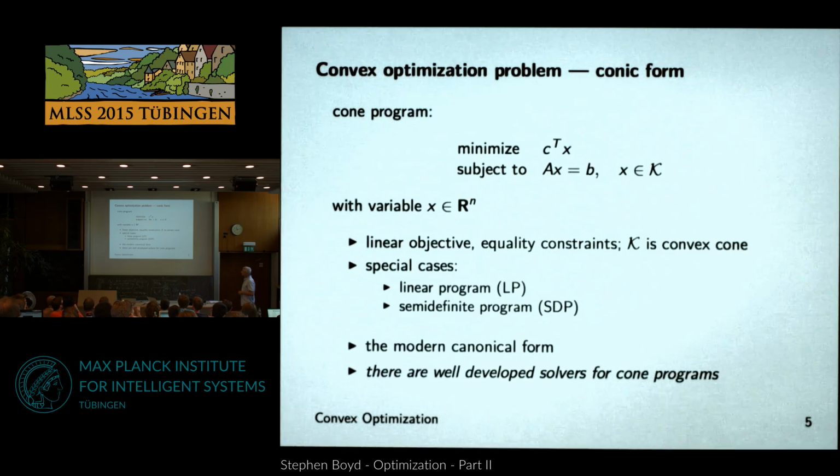Now, one idea behind this is the following: if this was the cone of non-negative vectors, right, then this would be a standard form linear program, and it would be recognizable by people in 1948. Okay?